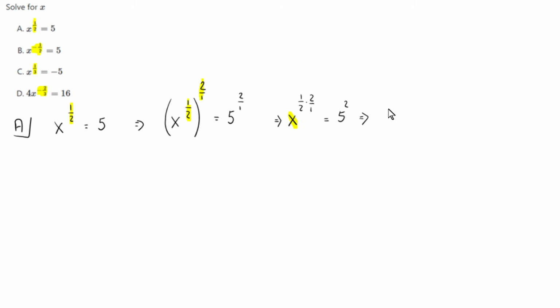On the left-hand side, I'll have x. So this here will equal 2 over 2, which is the same thing as 1. So essentially, it just says x to the power of 1, which is just x, equals 5 squared, which is 25.